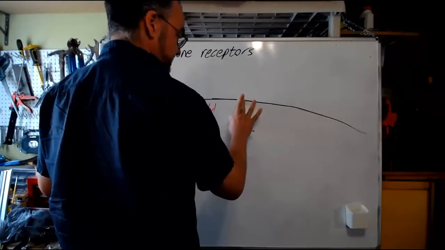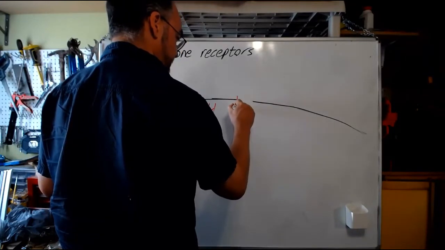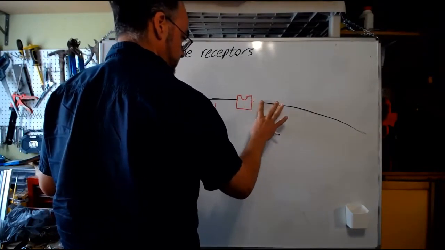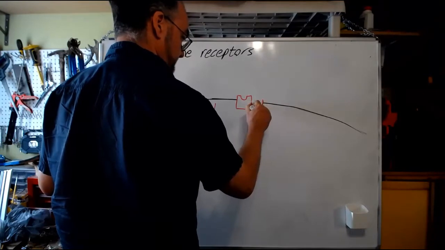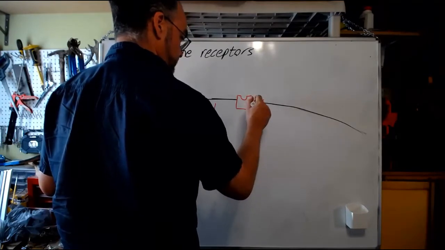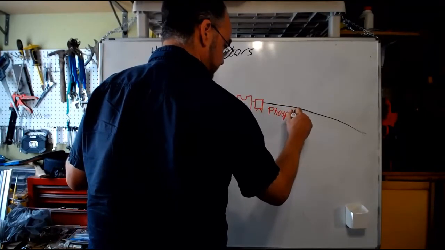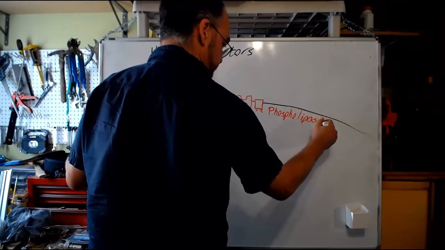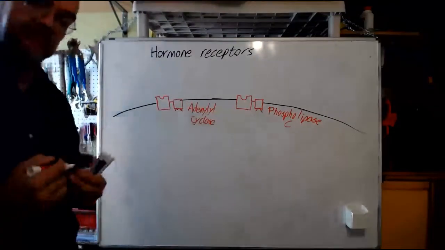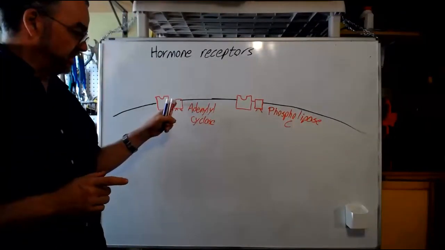Another is going to be a G-protein coupled receptor which is coupled to a phospholipase C. So two different G-protein coupled receptors which are attached to different enzymes.